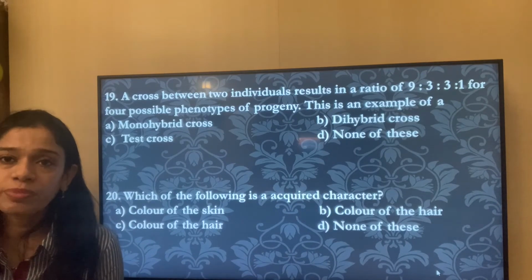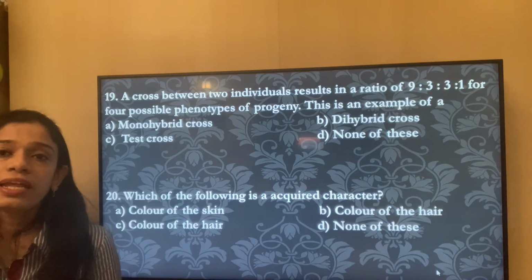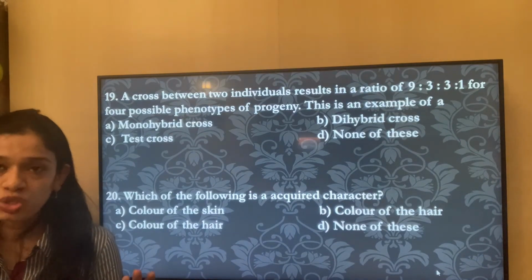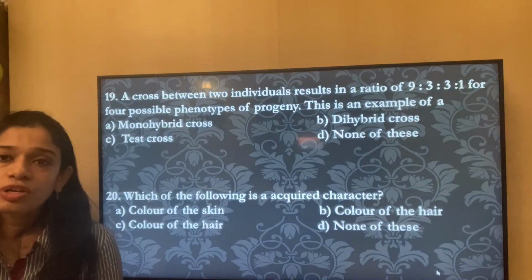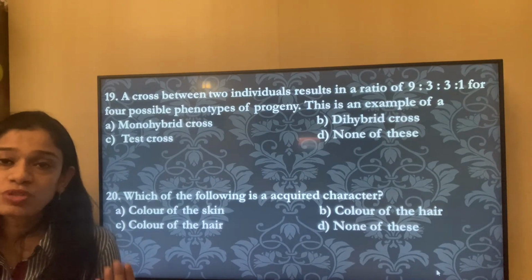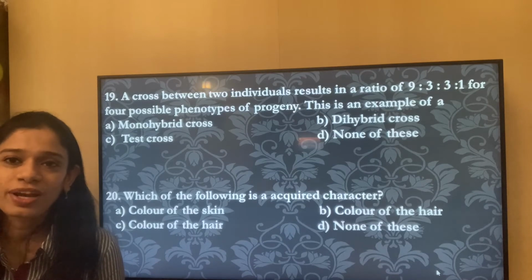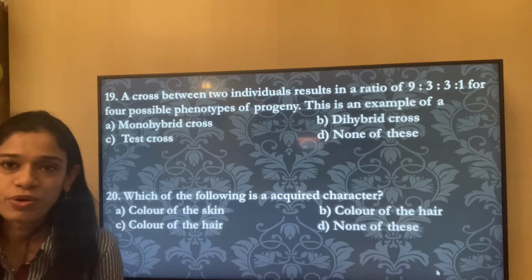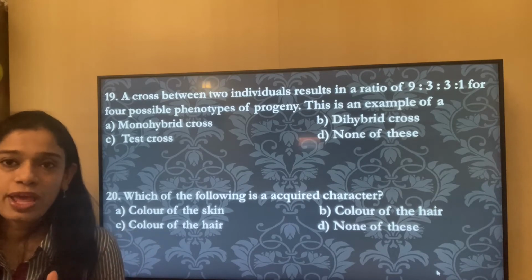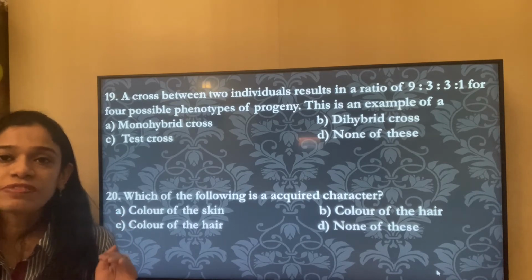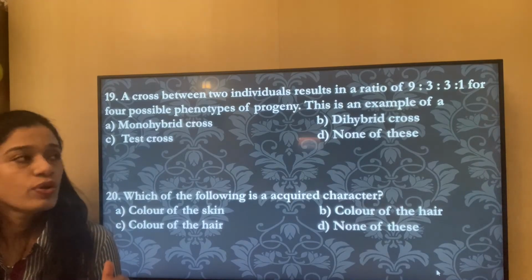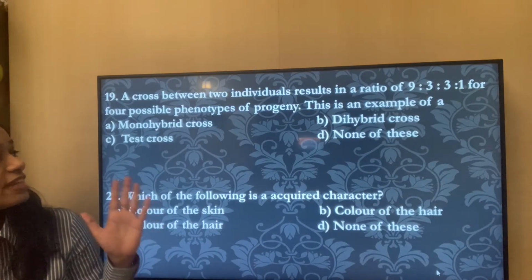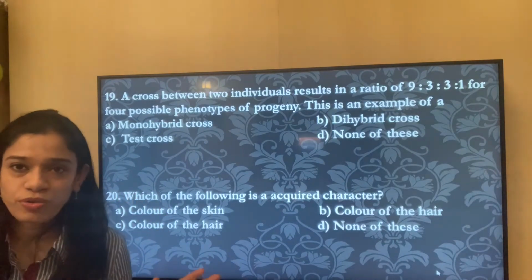If you remember the ratios in a monohybrid cross, we had studied that the phenotypic ratio was 3:1, while the genotypic ratio was 1:2:1. Whereas in a dihybrid cross, when we studied the phenotypic ratio, it was 9:3:3:1. So this is an example of a dihybrid cross.